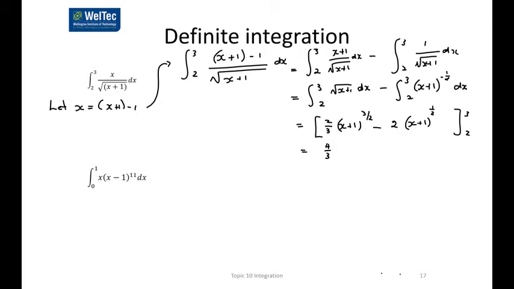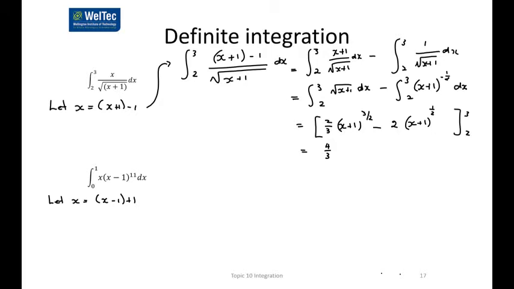Again, this one is a little bit tricky. Let's make the same substitution, slightly rejigged this time. Let's make a substitution where x is equal to x minus 1 plus 1.